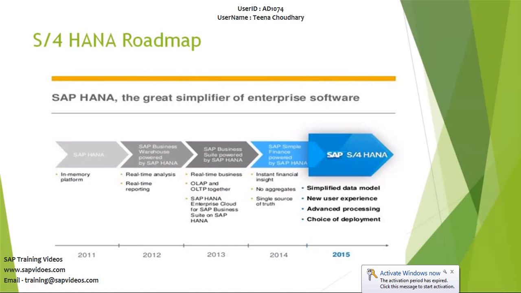So again in 2015, MM, SD, PP were still the same. But again there were some additional benefits. If you compare 2014 and 2015, although the data model is simplified, there was no new user experience, no advanced processing, and no choice of deployment. So these benefits all came in 2015.